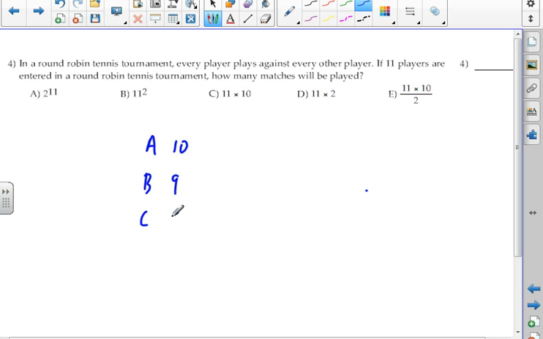C has to play 8 times. And so it'd be 10, 9, 8, 7, 6, 5, 4, 3, 2, 1. I don't know that that's any of that. That's 10, 20, 30, 40, 50, 5.